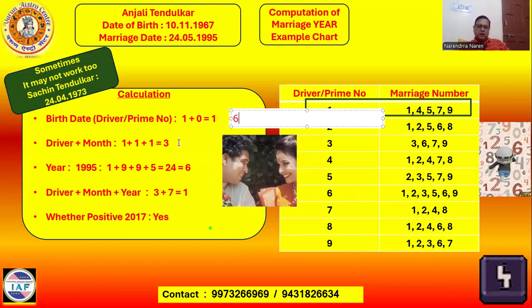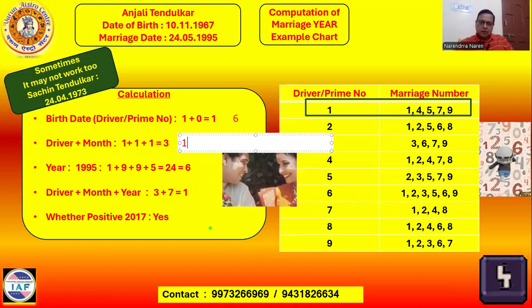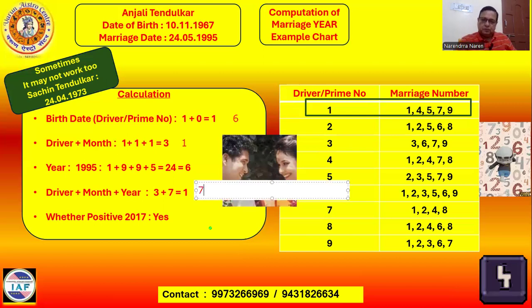From the birth date and month we are getting 1, because 2 plus 4 is 6, plus 4 is 10, and the year is here first year 6, and 6 plus 1 becomes 7. And in the 6th column, because 6 is the birth date, 7 is not appearing, and that's why this formula does not hold here. So for Sachin Tendulkar this formula does not fit.